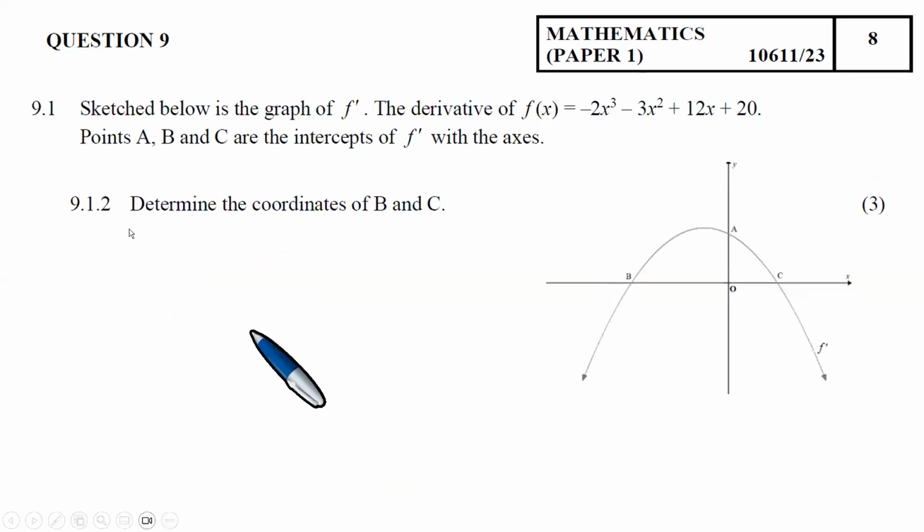Okay, next question. The information above is the same, but we want to determine the coordinates of B and C. We can see this is B, and this is C, and that is A. And this is f prime. How do we find the x-intercepts?